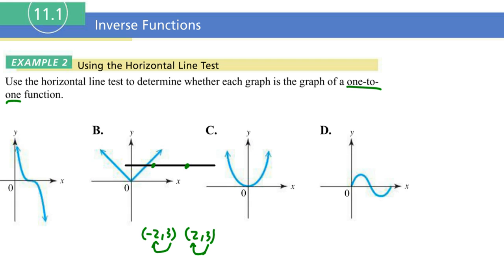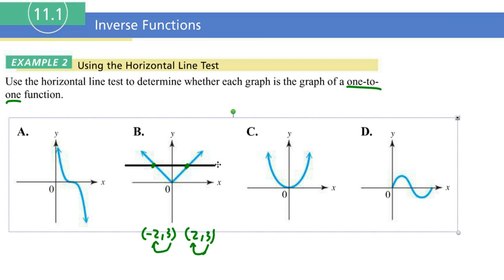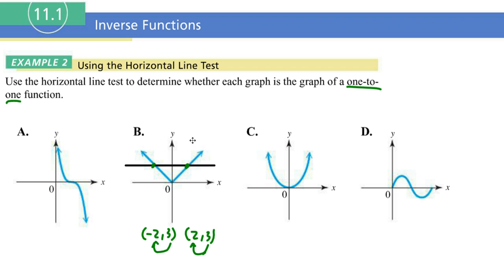If we did that for part A now, see how it only touches it once. Here, it may look like it touches it twice, but the behavior of this function is a cubic function.